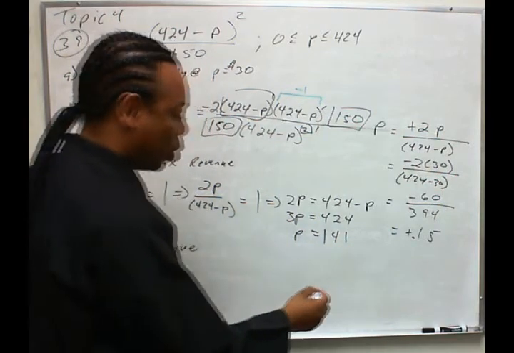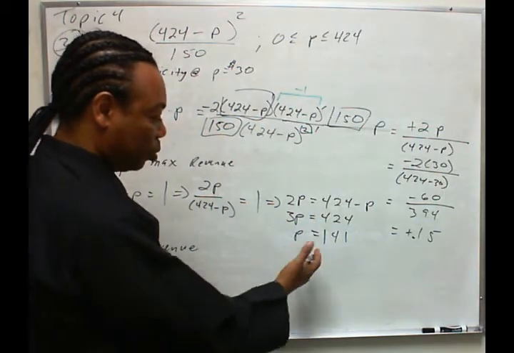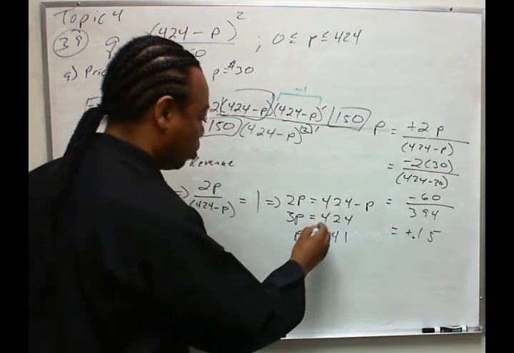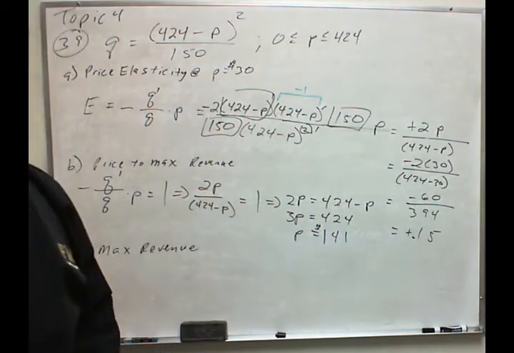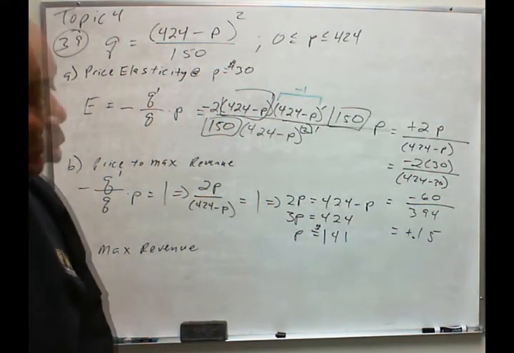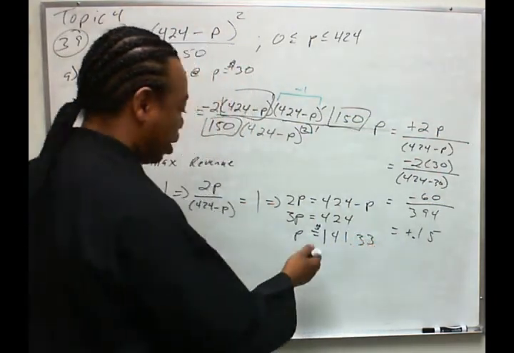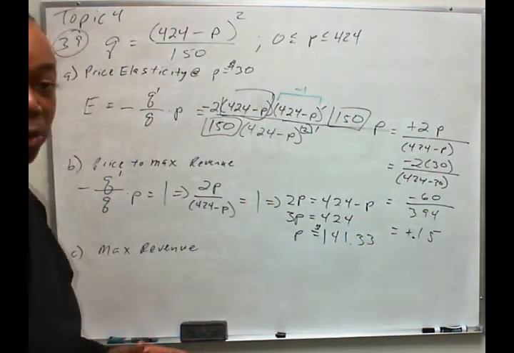After that I have a third left over. I'm going to round it to the whole number, so I have 141. Let's put the change in there, the 33 cents. That'll be the price that will maximize the revenue.